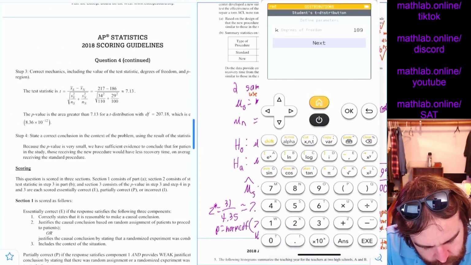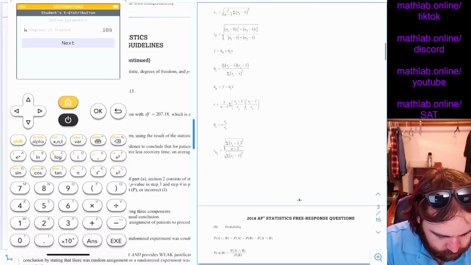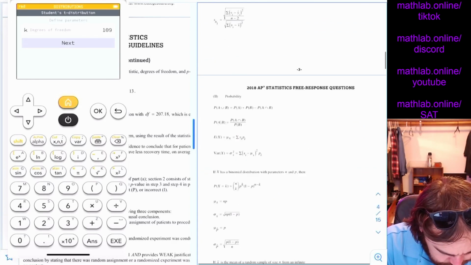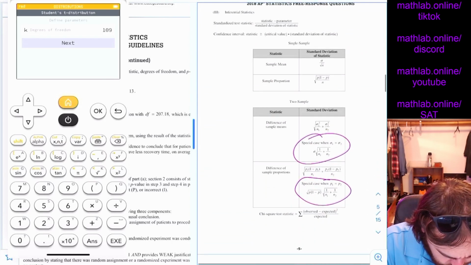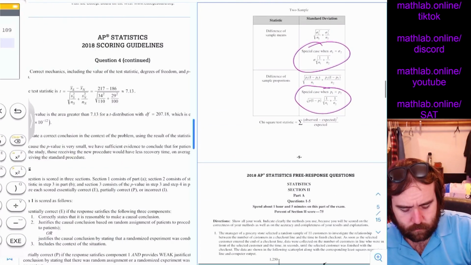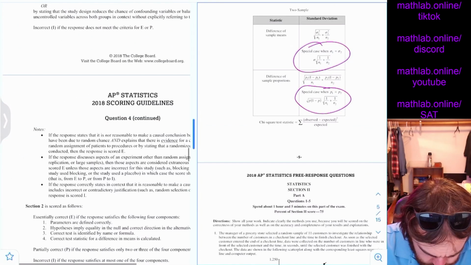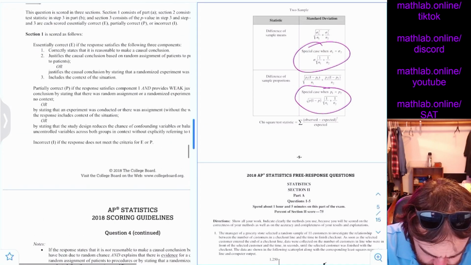How do you get the degree of freedom? Is that a formula? I thought it was just n minus 1. It's n minus 1 if it's just a 1 sample. How do you do it for a 2 sample? Did they say what the degree of freedom was?